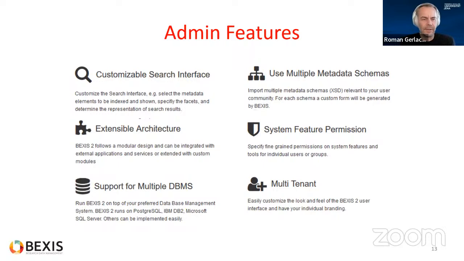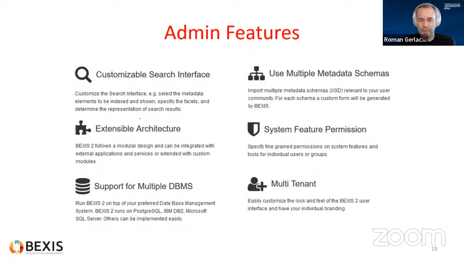So for the different admin features, we have a very customizable search interface where you can specify certain facets that you can use to go through the data in the search results, and you can basically play around with that whole representation of the search results quite a bit and adjust that to specific needs if you want to.